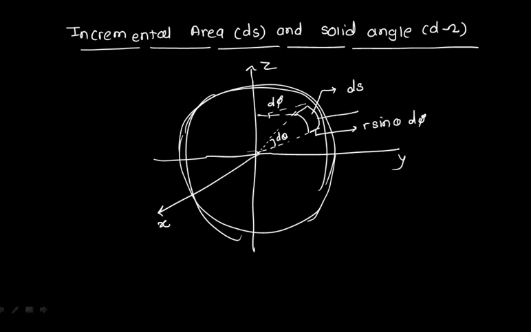This arc will be represented by r dθ. And this one will be r sin θ dφ. So if I'm talking about the incremental area ds, this into this, it will be r dθ times r sin θ dφ.